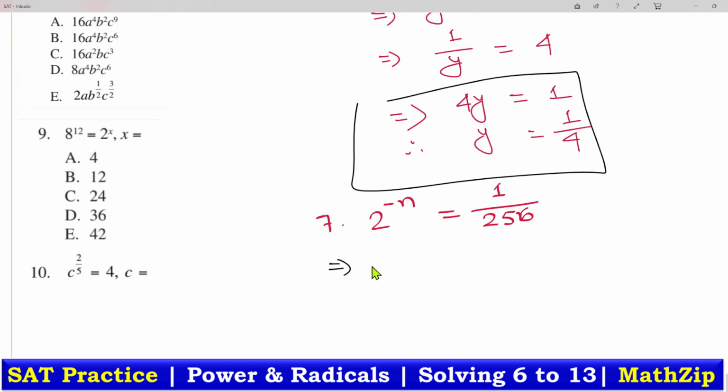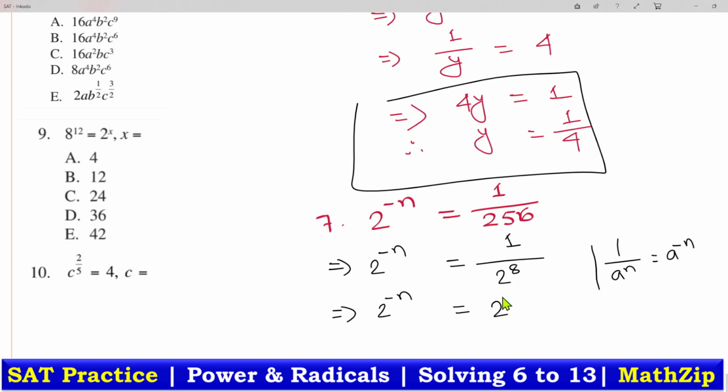First, 2 to the power minus n equals 1 divided by 256, and we can write 256 as 2 to the power 8, right? As per the negative exponent rule, 1 by a to the power n equals a to the power minus n. Similarly, 1 by 2 to the power 8 becomes 2 to the power minus 8.